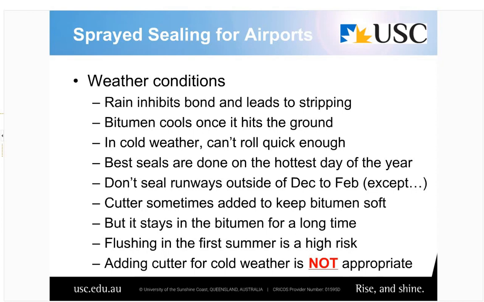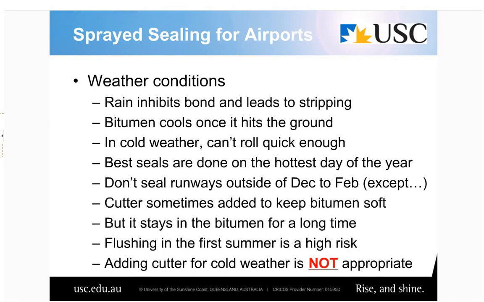Certainly it doesn't disappear the day you finish the job, and then you'll almost certainly get significant flushing as the stones push all the way into the bitumen film, and you end up with free bitumen on the top, and then you really have an issue on your hands.